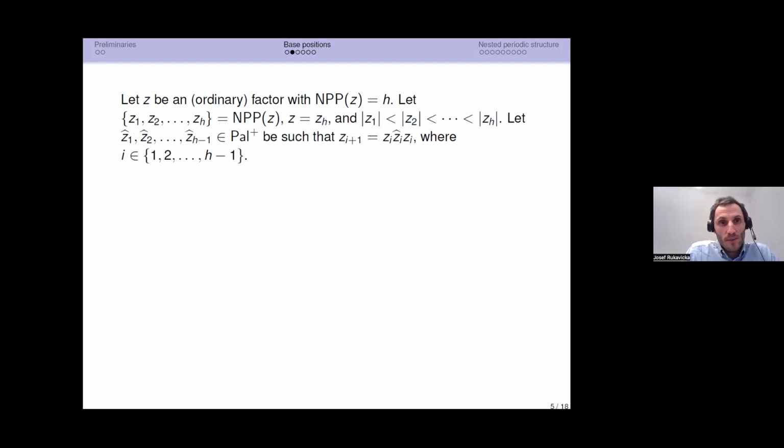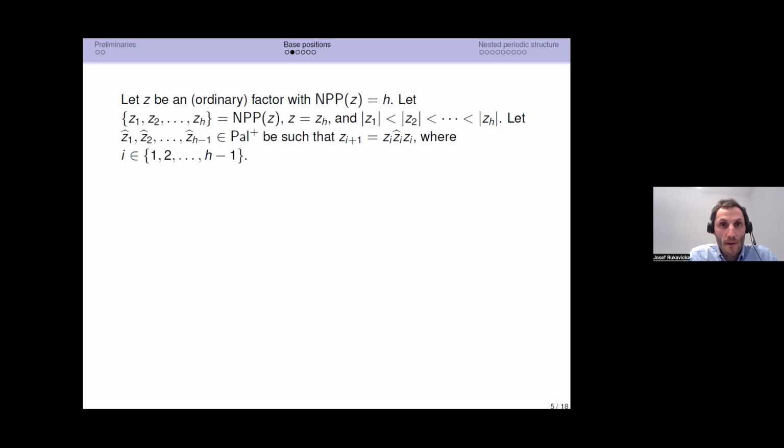So now I consider a finite word Z such that the number of non-periodic palindromic prefixes of the word Z is equal to H. Here I say that the factor is ordinary. For the whole result that proves the conjecture, it is necessary, but for the essential part, for the result that I will now present, this is not necessary.